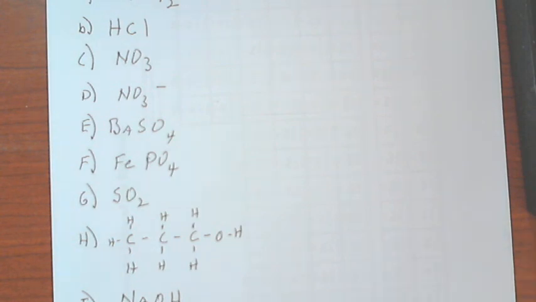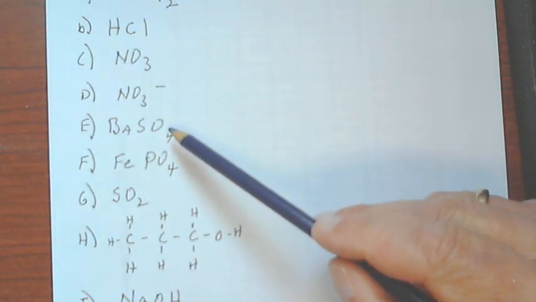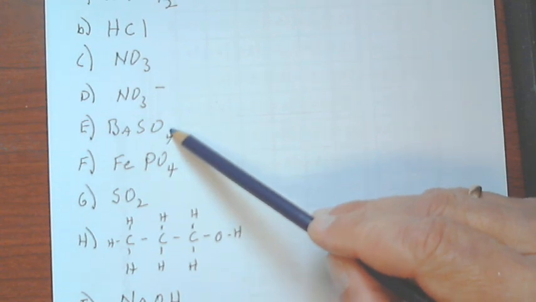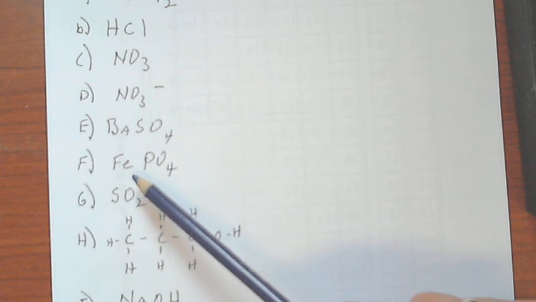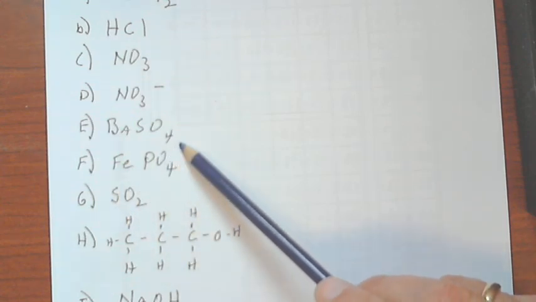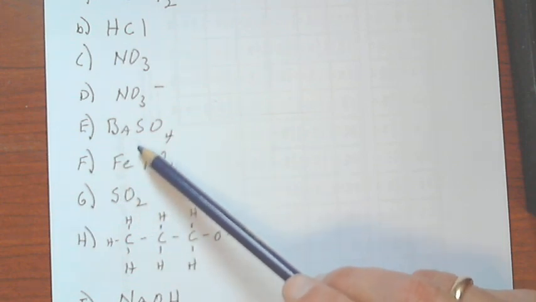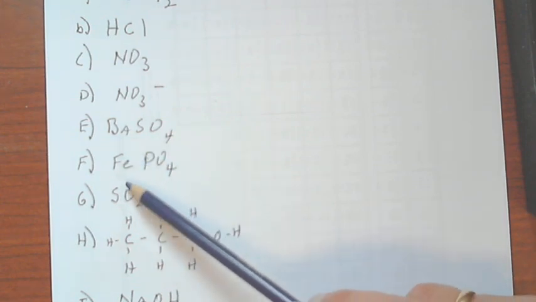Now look at the periodic table. Ba is in the second column, so it's always plus 2. Sulfate is SO4 minus 2, so that's barium sulfate. You don't have to say the 2 because it's in that second column. Iron is a transition metal, so phosphate is minus 3, and so this had to be a plus 3 to cancel out to get that 1-to-1 ratio.